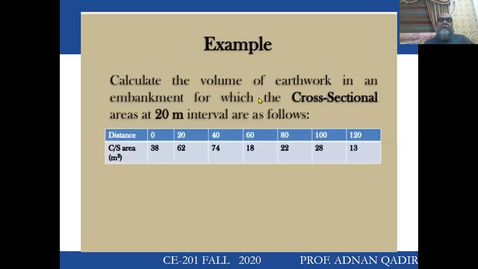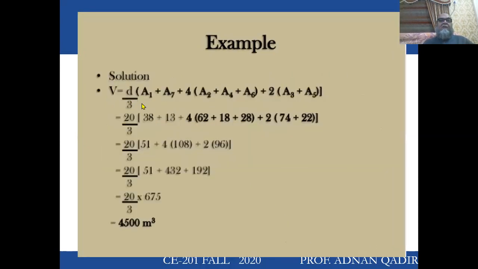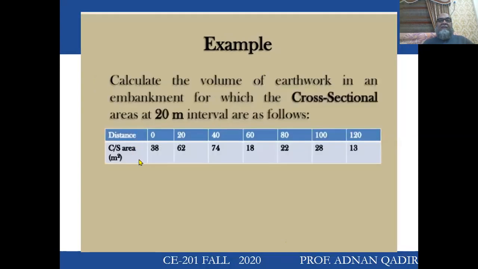Now here, this is a different type of problem in which you have been given the areas. Now the cross-sectional areas are given. All you need to do is just apply the formulas. How? D is 20.